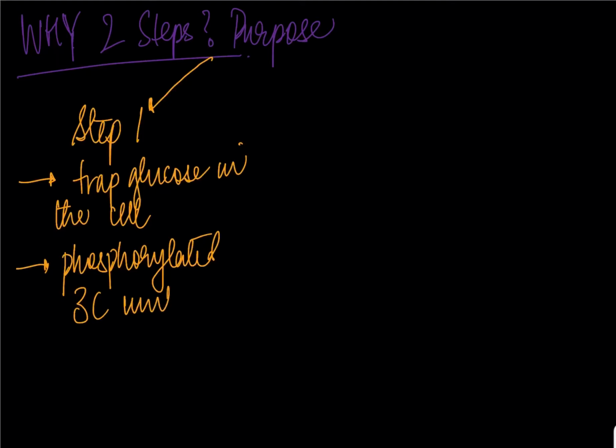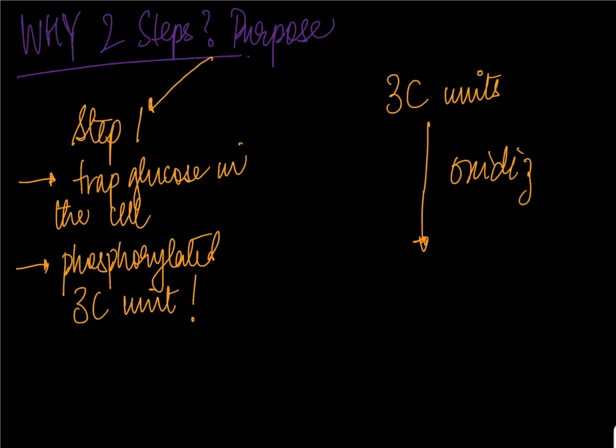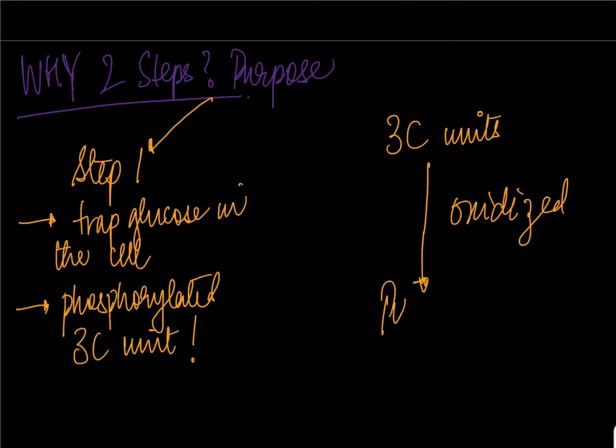Stage 1 is completed with the cleavage of fructose 1,6 bisphosphate into two phosphorylated 3 carbon fragments, whereas the 3 carbon units at the end of stage 2 are further oxidized into pyruvates.